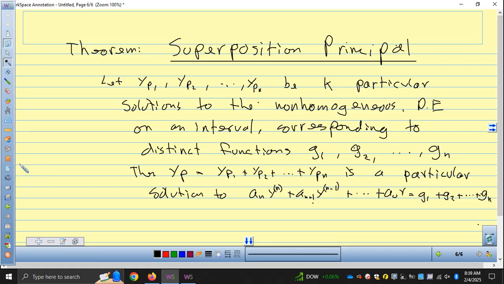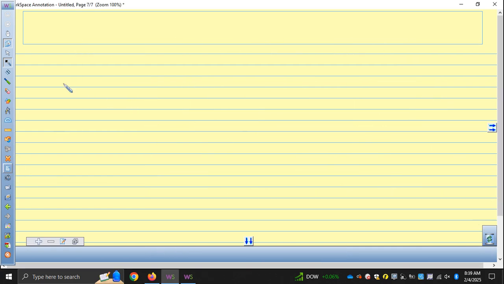I just wanted to give a little bit of interpretation to what these equations might represent.